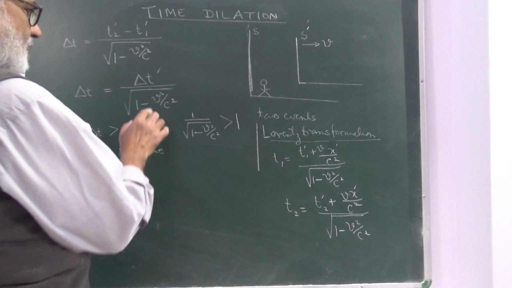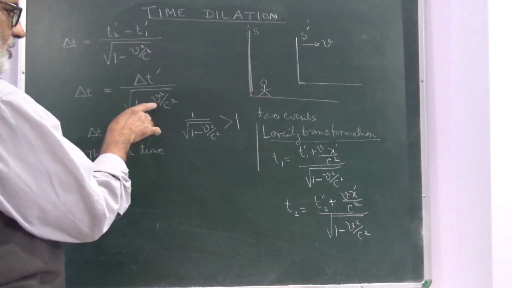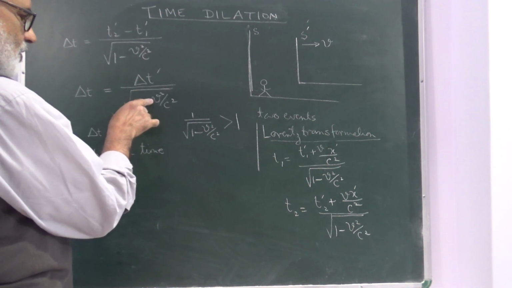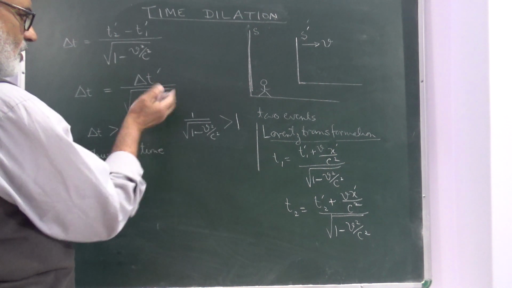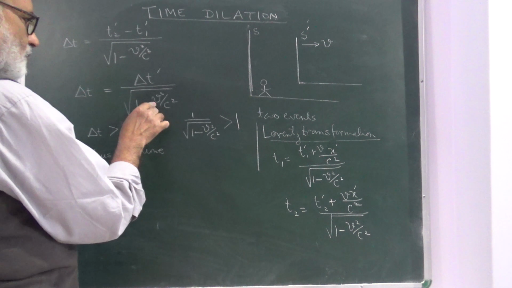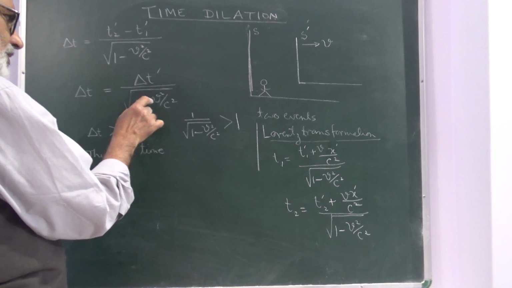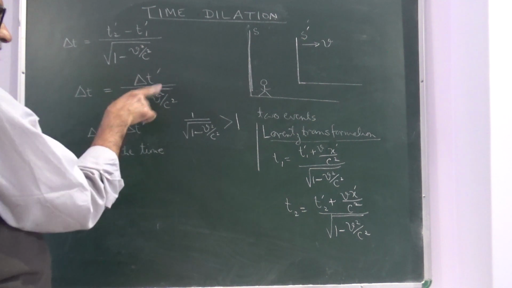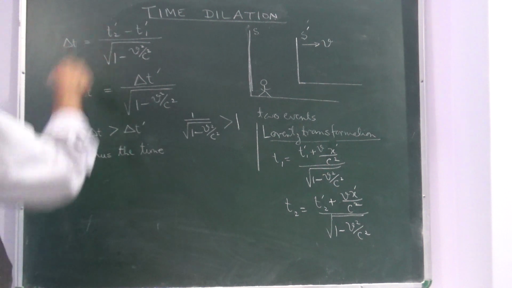In our daily life, the time is the same because our reference frame, whether moving or at rest, if it is at rest then it is already 0. If it's moving, then this value is still 0 because c is very high. But if v is comparable to the speed of light, then this happens.